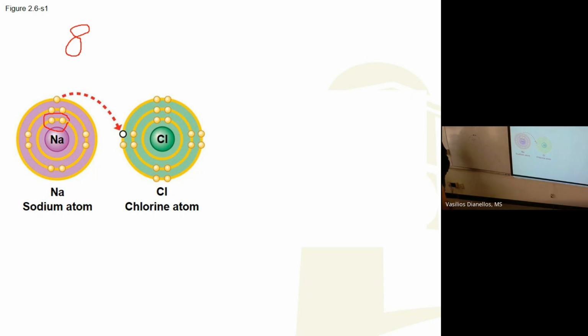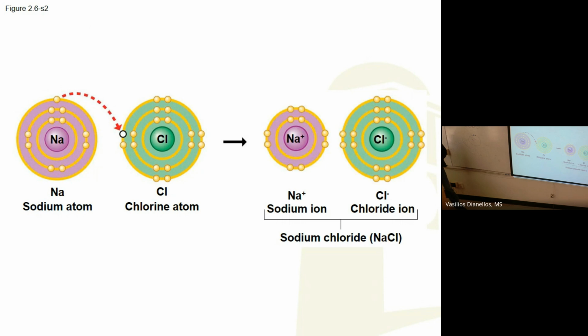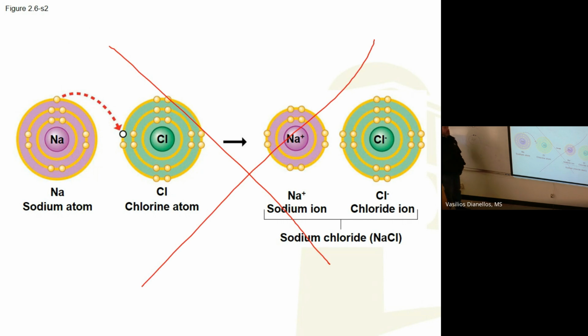It's a good exchange, right? Sodium needs to give 1 up. Chlorine needs to take 1. They do that, and then we have sodium chloride. And of course, I'll put a big old X through that, indicating that that's just an example. I'm probably not going to ask you any questions about sodium chloride. But yeah, that's how it works. And you can see, because this sodium gave up its electron, it is now positive.